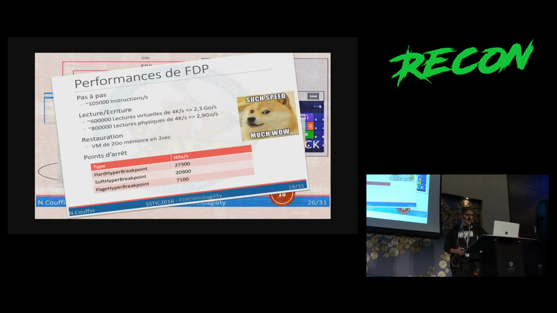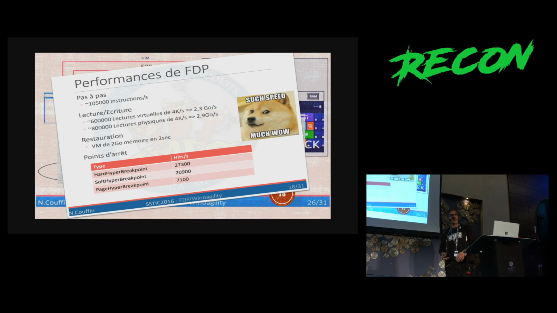Okay, the performance is really quite good, because we can reach more than 100 instructions per second in step-by-step mode, or more than 25,000 hits per second for the fastest breakpoints implemented.